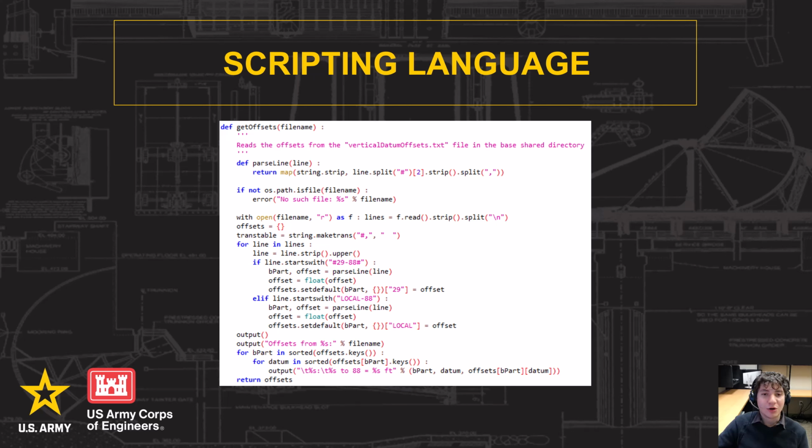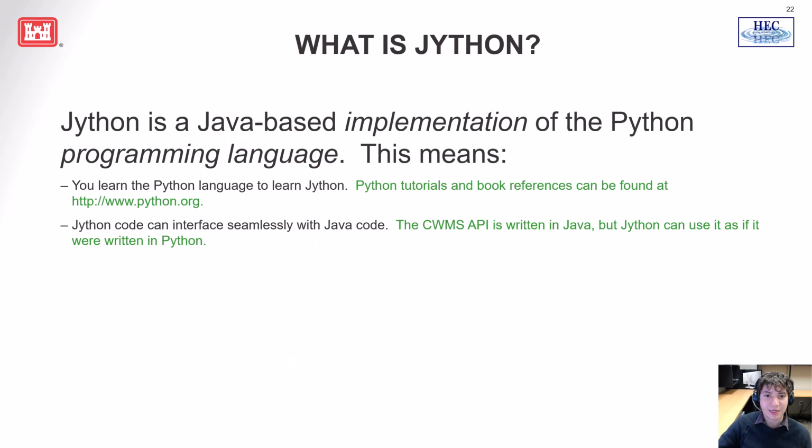So let's look at our scripting language itself. Our scripting language is Jython. Now, what is Jython? Jython is a Java-based implementation of the Python programming language.